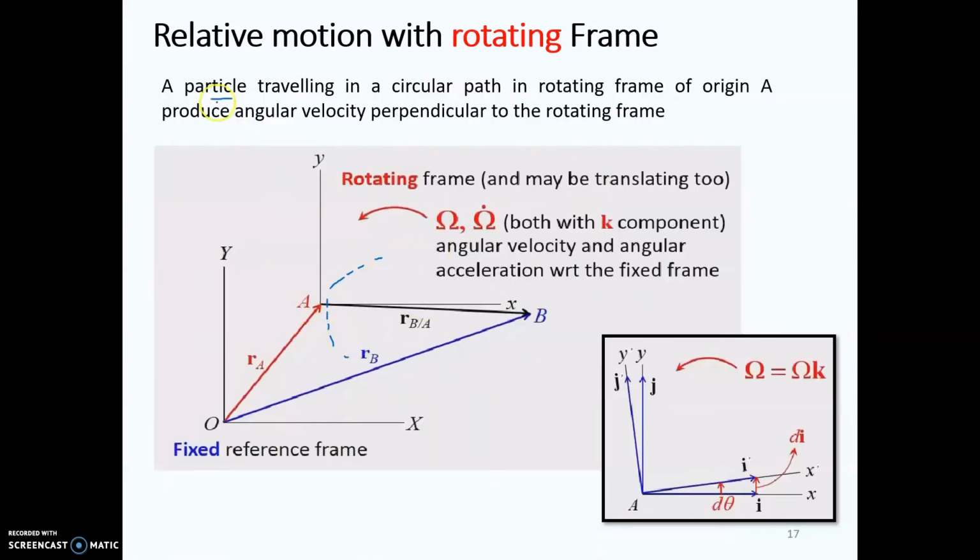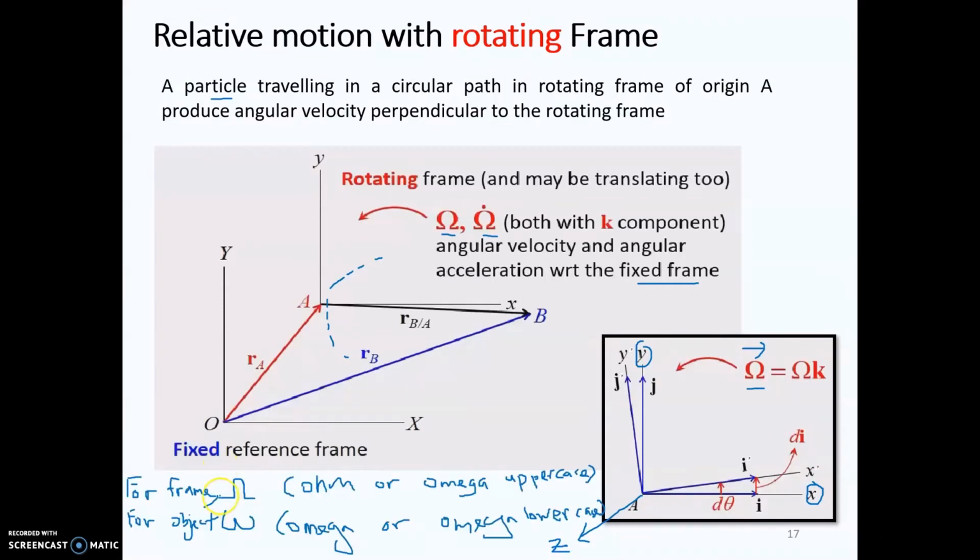In this figure, you have a particle traveling in a circular path, and A is the rotating frame. The frame is rotated with angular velocity and angular acceleration with respect to the fixed frame. If the angular velocity vector is given by omega k, you have x, y, and z axes. You should know that we use the omega symbol here for the frame and the omega symbol here for the object. To avoid confusion between these symbols, we will call this symbol ohm, and we will call this symbol omega.